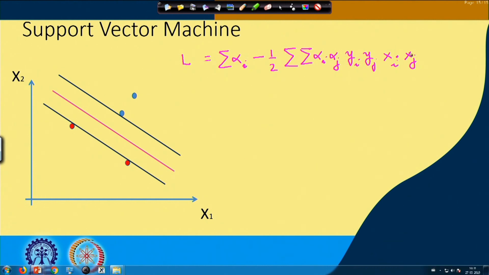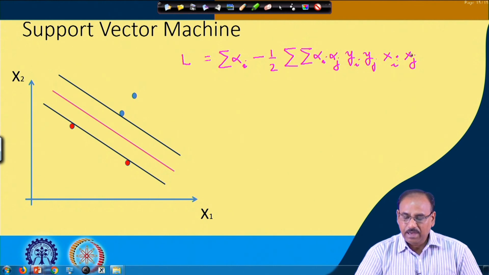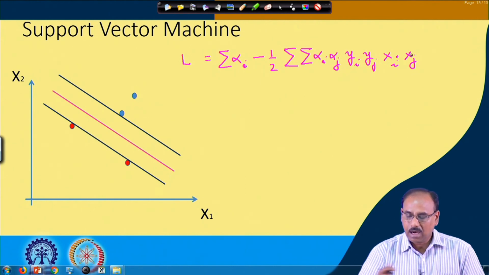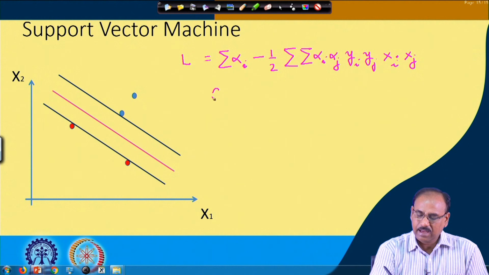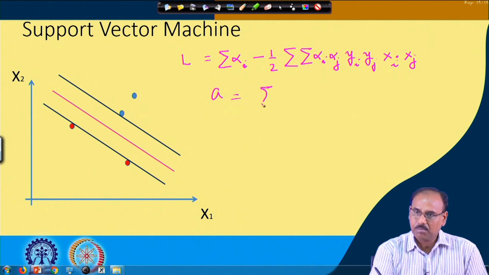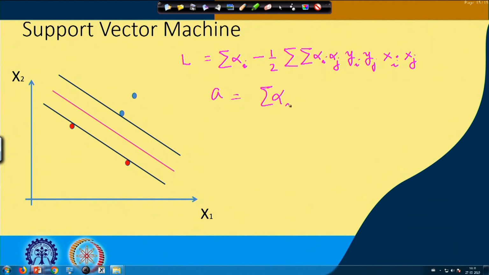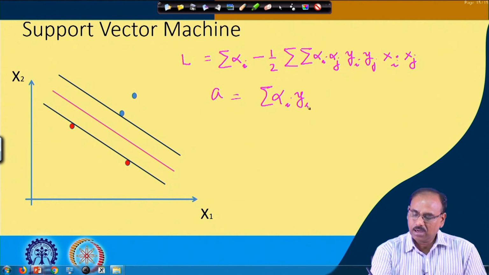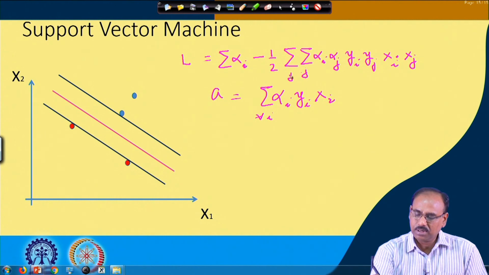So, this is the final form of Lagrangian, and what we get as A is equal to sum of alpha I, yi, xi, summation over all I, and here it has to be summation over all j and summation over all I.